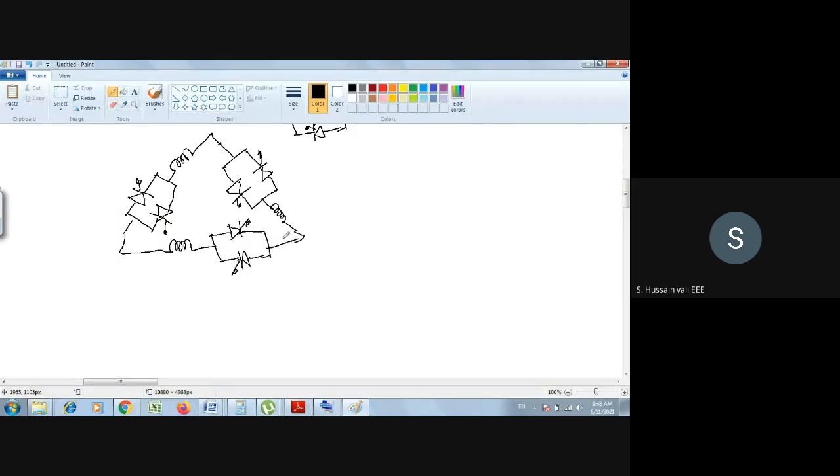So you have a three-phase supply here. See, now this is another type of AC voltage controller. So all these things we have done.